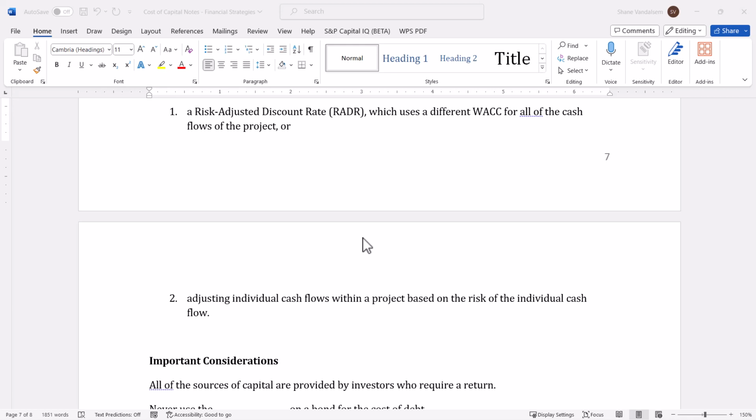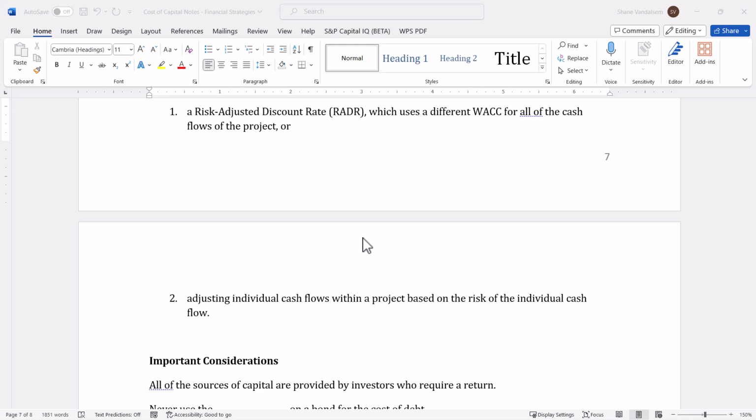You don't know how marketable that piece of equipment might be, and so you might adjust the discount rate for that single cash flow because it's riskier than the other cash flows for the project. That's another approach to adjusting cash flows or projects for the amount of risk associated with them.